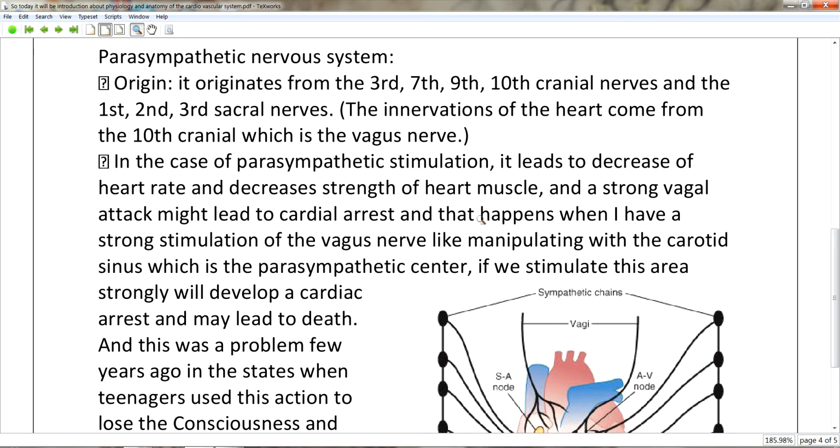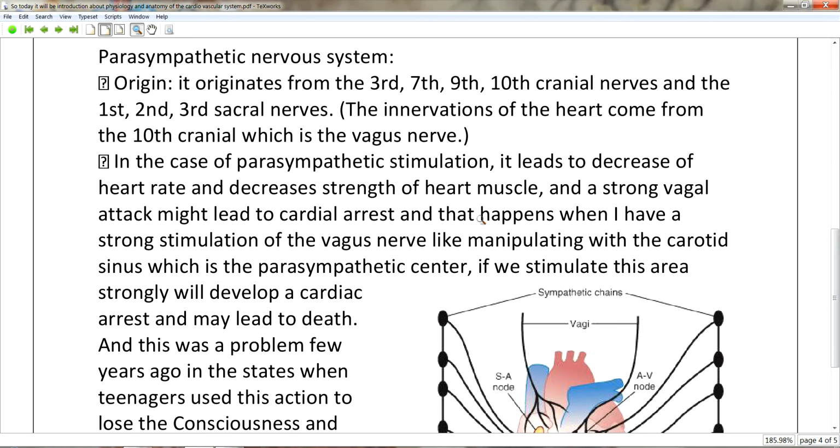Stimulation decreases the heart rate, and cardiac arrest happens when I have a strong stimulation of the vagus nerve.